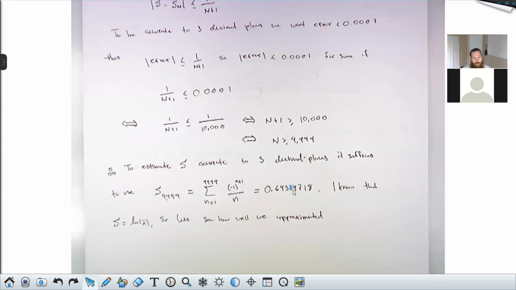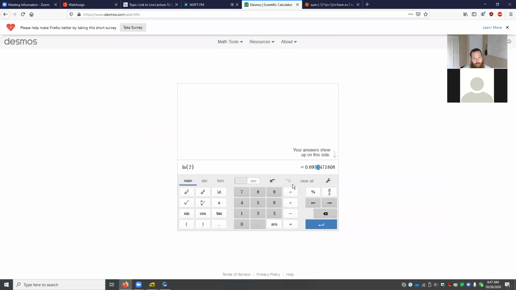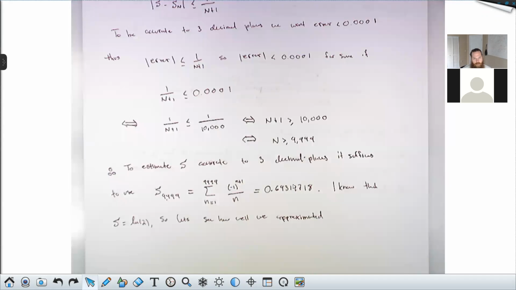So we allowed for an error of 1 here, and it turns out we did even better than that. We ended up with an error of 0 in that place and an error of 5 in this one. So this is a really accurate estimation. We had to use almost 10,000 terms of the series to get it, but still, this is a finite sum, so it can be computed exactly.